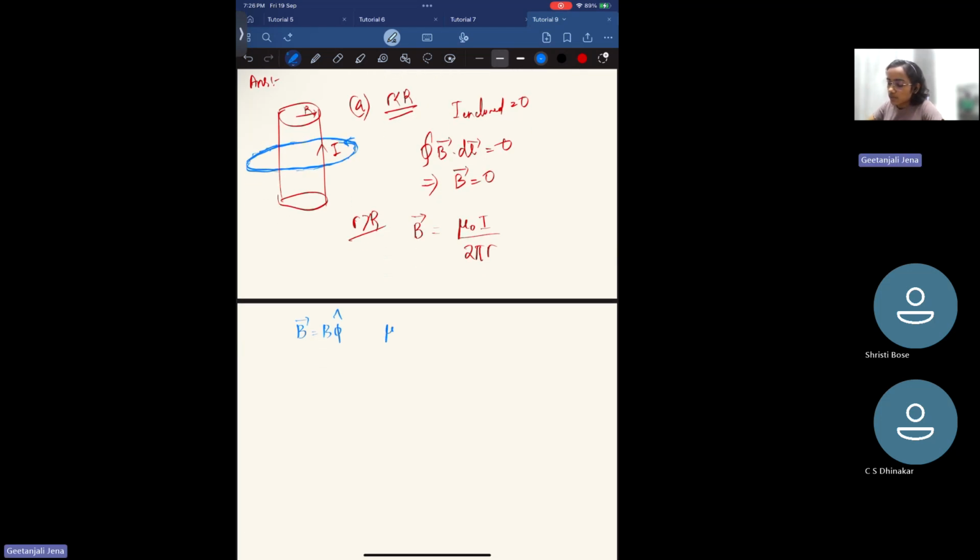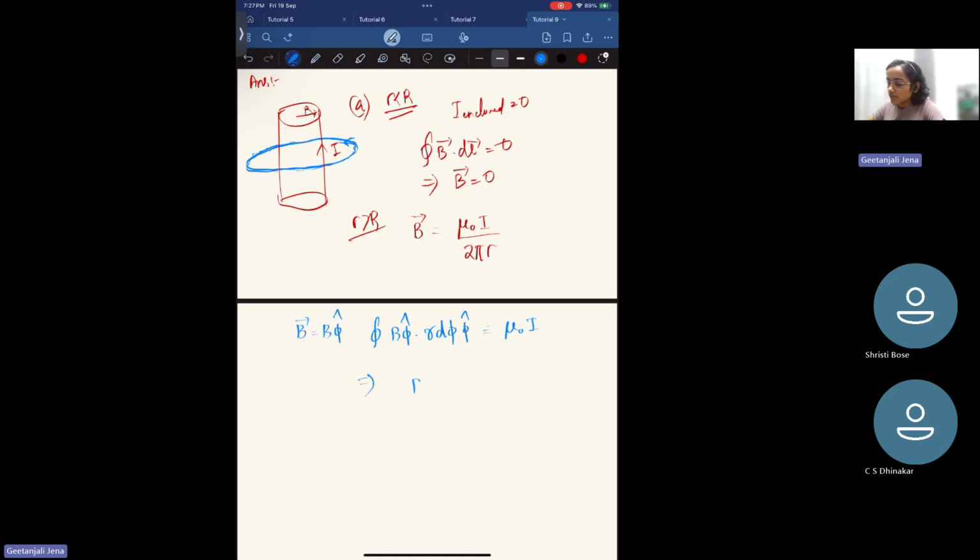So B phi cap dot dl, where dl is r d phi phi cap, is equal to mu naught times the total current I on the outside surface.